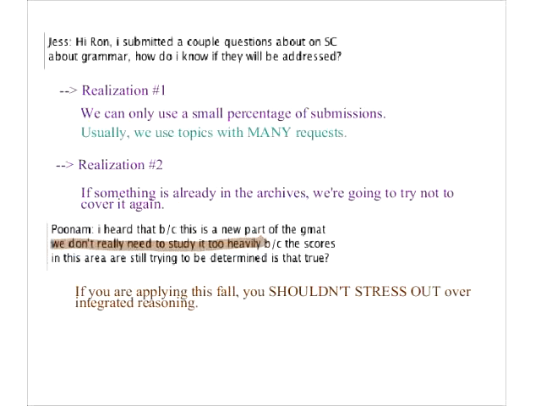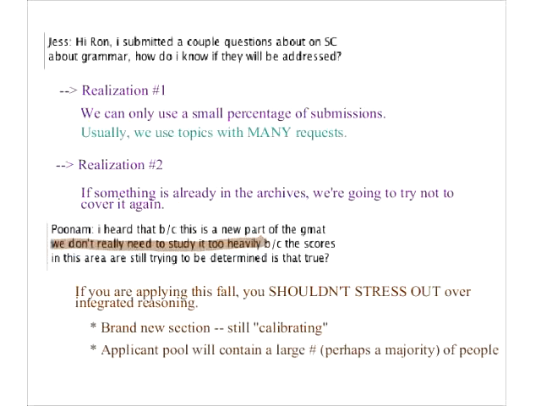No one really knows what the scores on this section mean yet. And remember that your applicant pool will contain a large number, perhaps even a majority, depending on how it shakes out, of people who don't have this score on their GMAT.